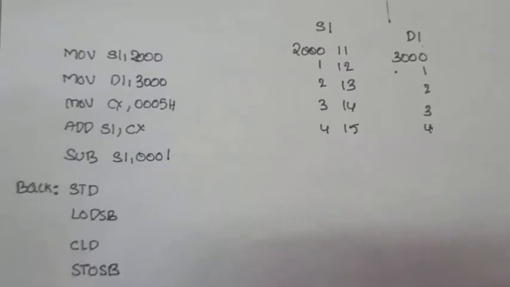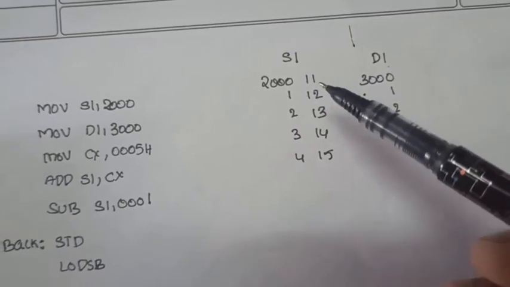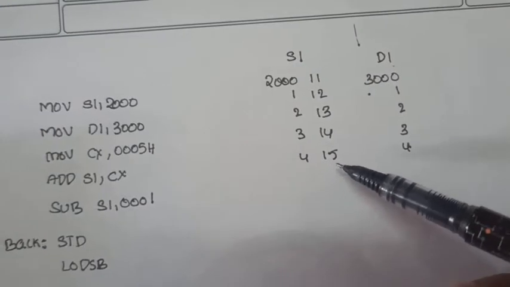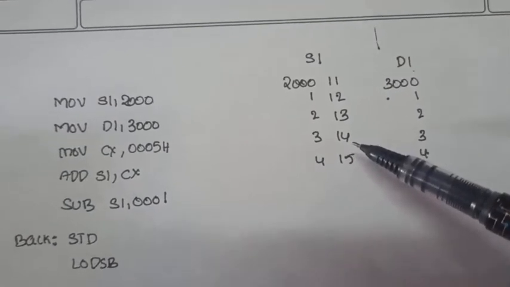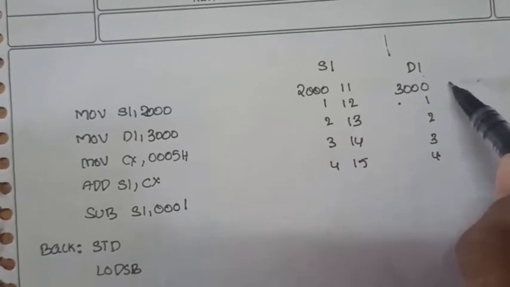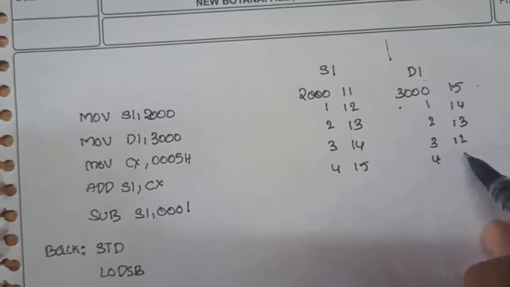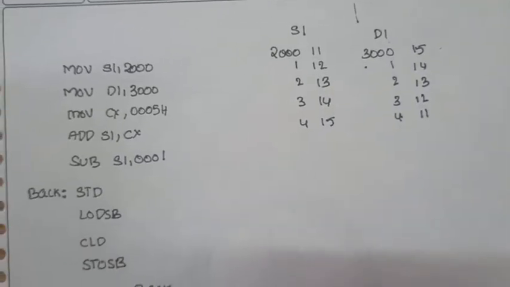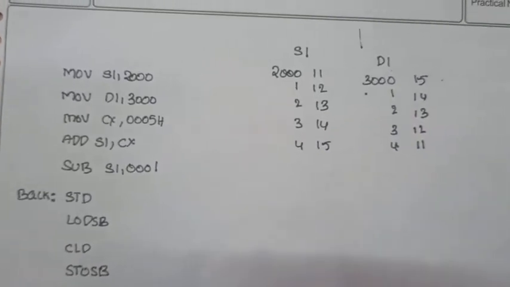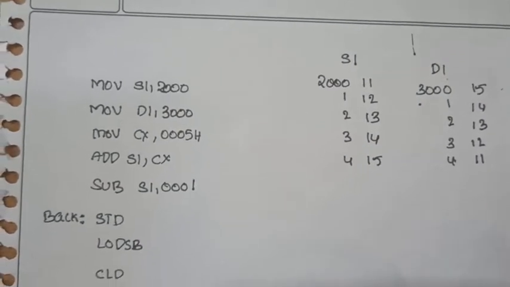Our intention is that a string is located here, the input string 11, 12, 13, 14, 15 of length 5, and I want this reversed, meaning I want 15, 14, 13, 12 and 11 in location DI after execution of the program.